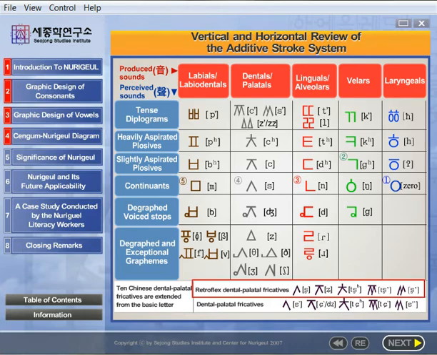Those 5 dental palatals retroflex are sh, j, ch, j, sh, and dental palatal fricatives are s, j, ch, j, s. These letters are designed for the transcription of the Chinese language in the mid-15th century.